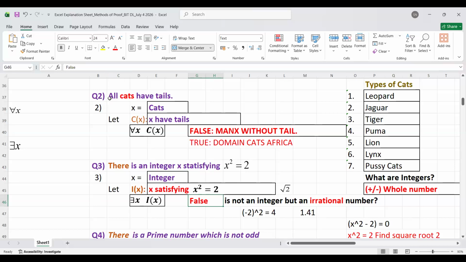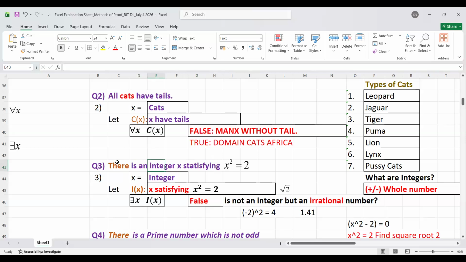All cats have tails: cat is a variable because there are different types of cats. Here, there is an integer satisfying the equation x squared is equal to 2. The variable here is integer because there are different numbers that are integers. And we are proving that they are either true or false.